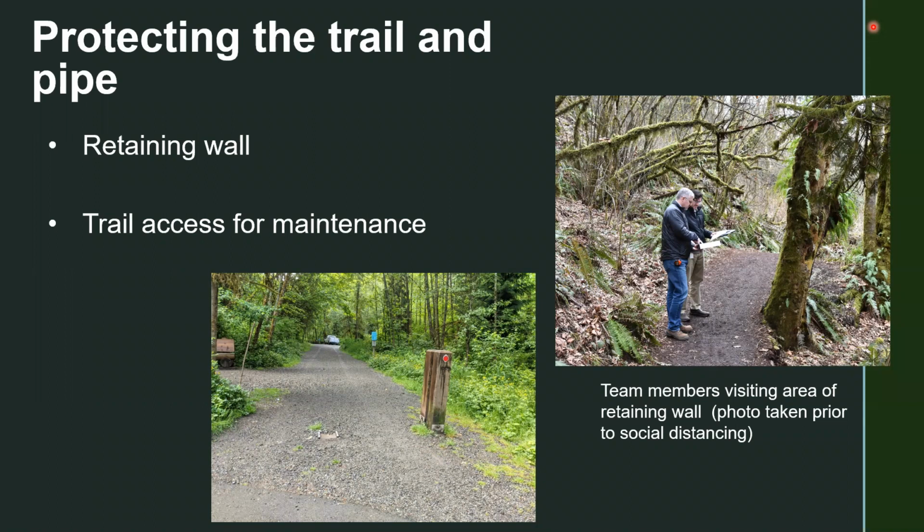Where we're going to be putting the new pipe, it will be somewhat pinched against a steep valley wall. Directly on top of that will be the restored trail, which will be enhanced for access. It will be ADA accessible once we are done with it. So we have a pipe, we have a trail, and then right adjacent to it is the stream.